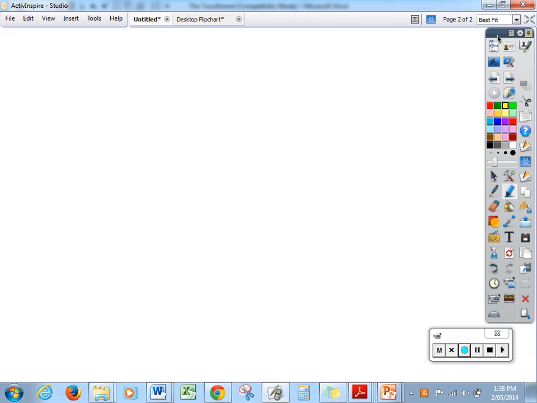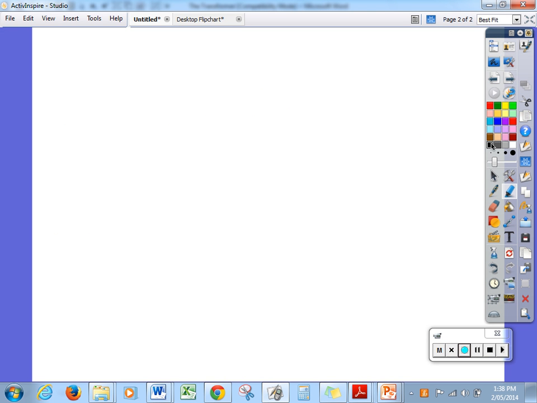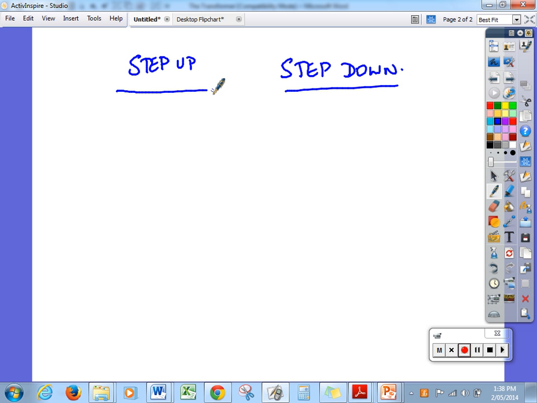The statement, firstly, is it steps up and steps down. So we have two different types of transformers: a step up and a step down. Now the symbols for each of these transformers are the following.